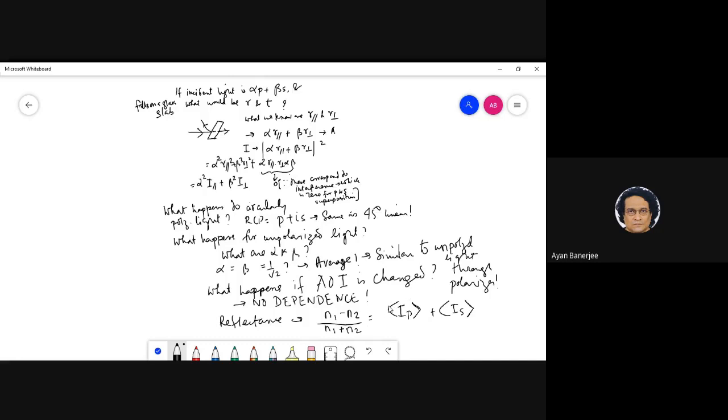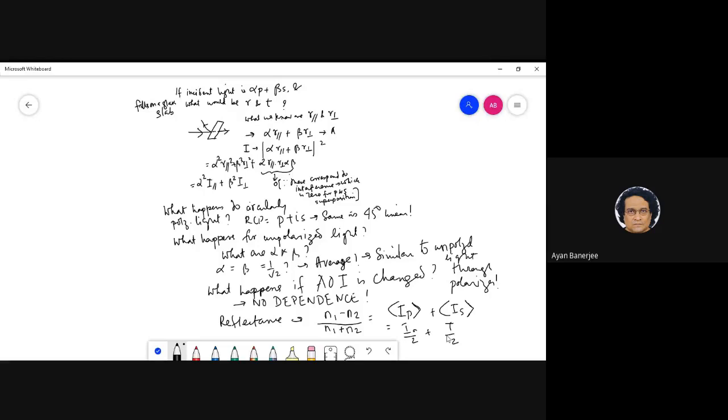So basically the fraction that you get here is the part that will be reflected, and the rest will be transmitted. Most likely that is what you are going to get. So this is probably going to be an average, I by 2 plus I by 2 or something like that.